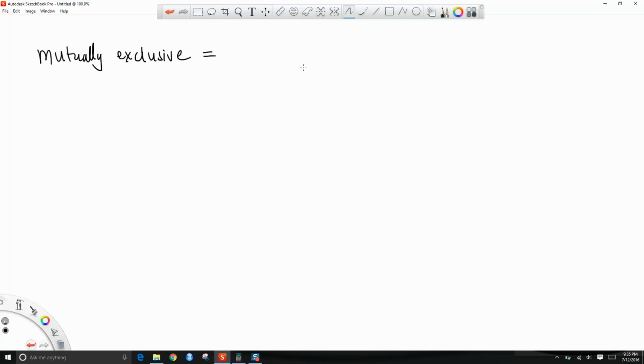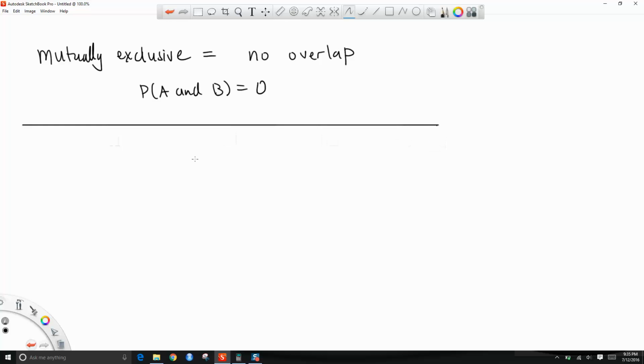Yes, no overlap. Mutually exclusive means no overlap. Or another way to say it is that the probability of A and B is equal to 0. What does it mean to be independent?